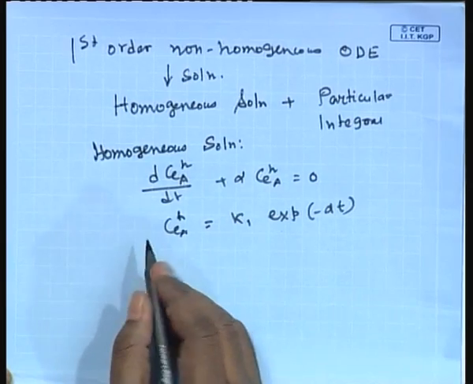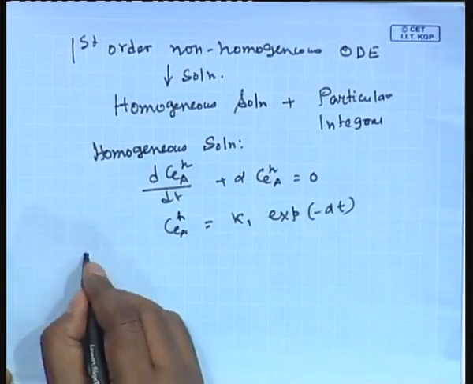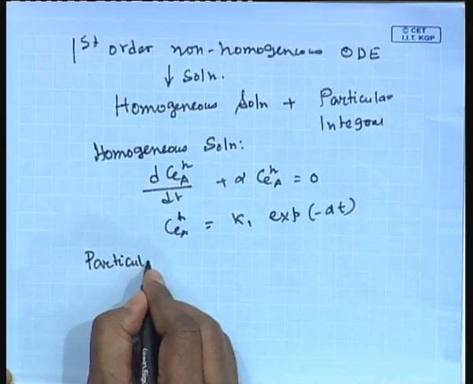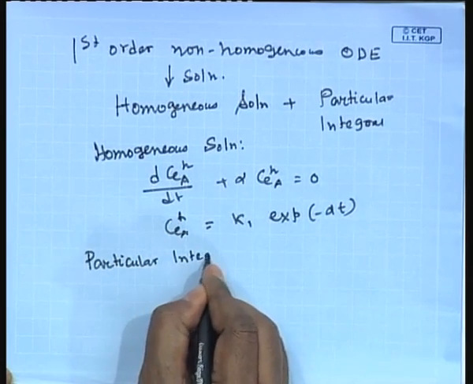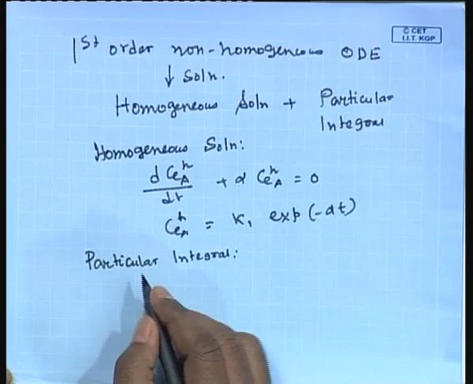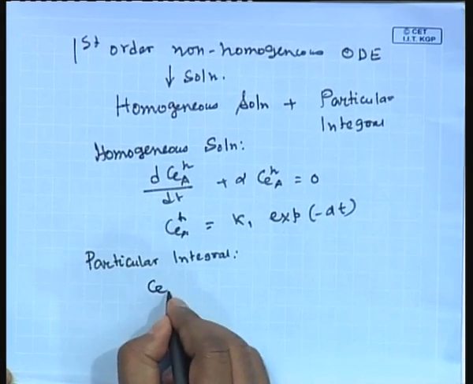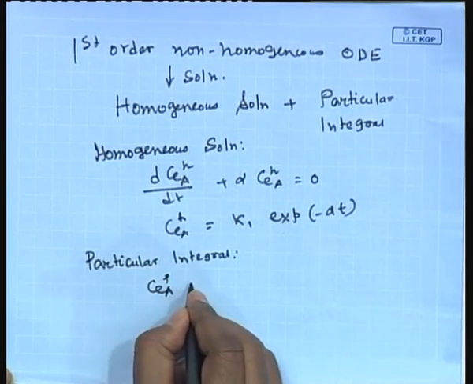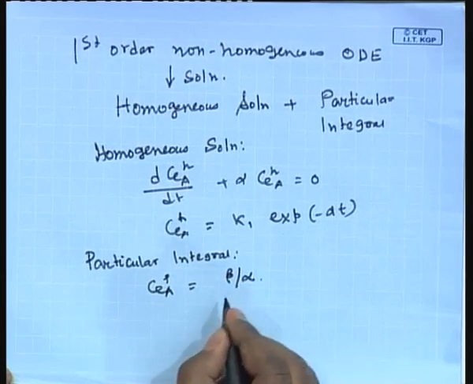That is the solution of this, and let us look into the particular integral. The particular integral, CEA particular, will be nothing but beta by alpha.